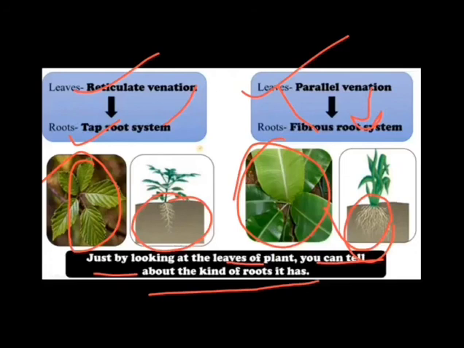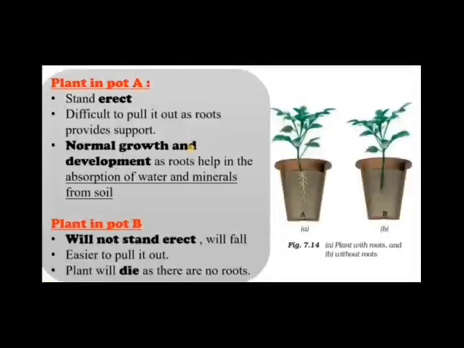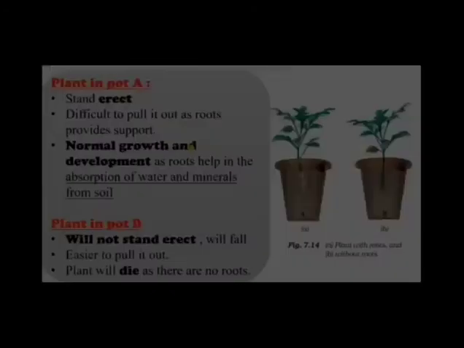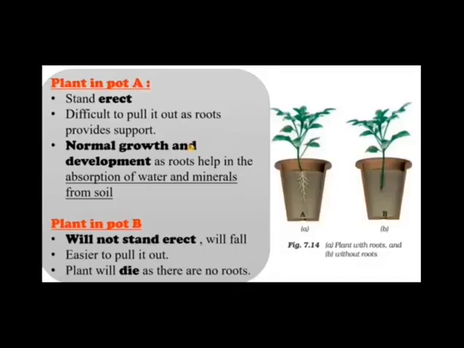Okay, so to understand the function of roots, you will perform a simple activity. What you have to do is pot two plants and remove the roots of one plant. Then you water the plants regularly, and after 7 days you observe them.